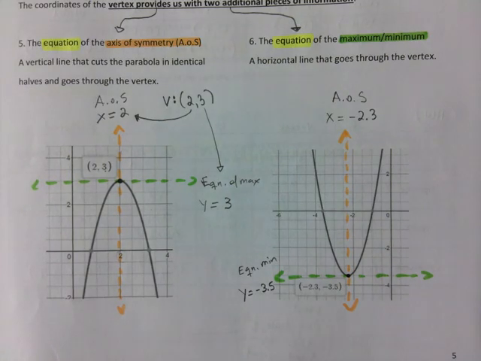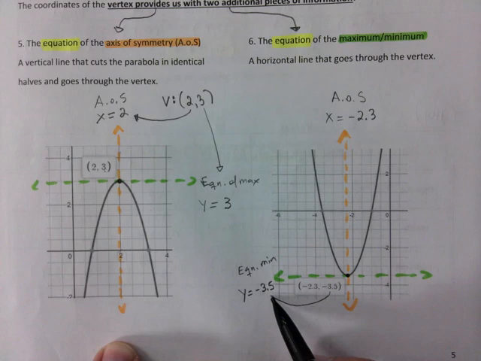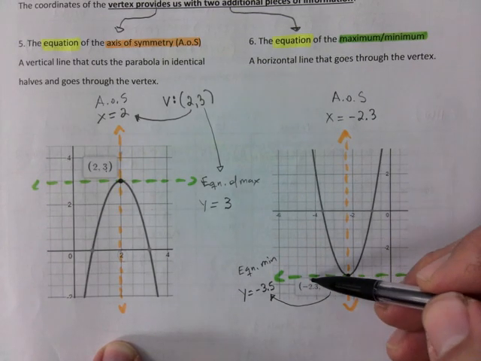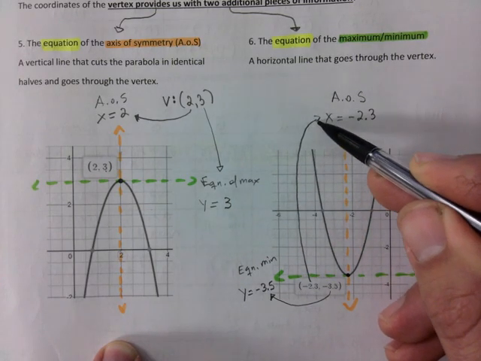Both of these are equations of a line. Okay. And then with this one, I might just say, hey, we use the y value to give us that, and then we use the x value to give us that.